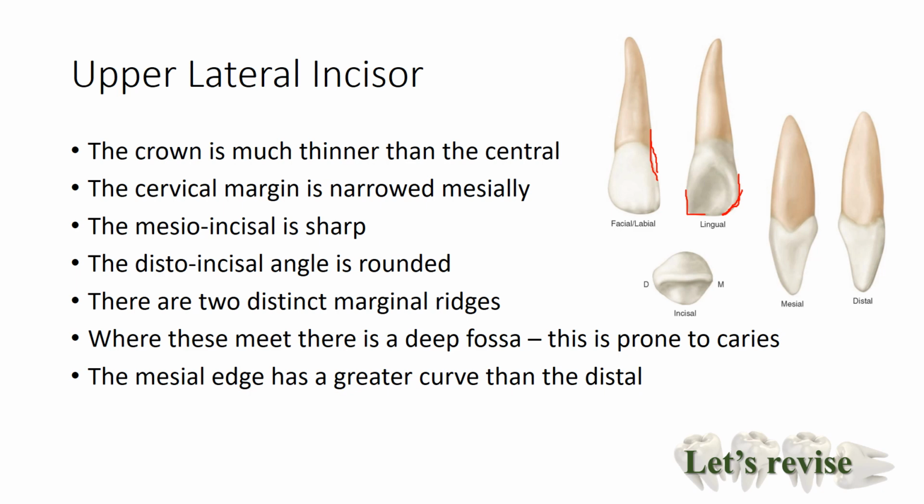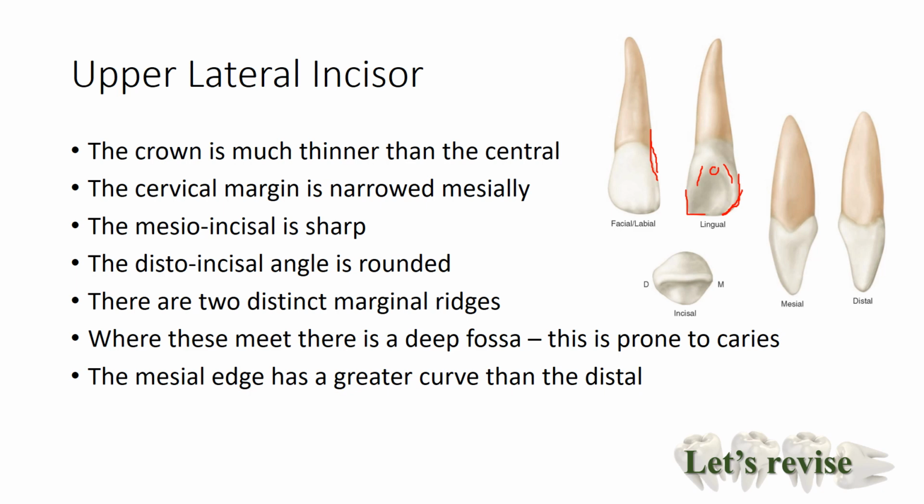But what you're looking for here is 2 distinct marginal ridges. So you've got two ridges here. You can see the shading here on the diagram in the middle. That's because you usually get quite a large deep fossa there, and that's really prone to caries. So you will often find that teeth have been restored here, because where the cingulum is not so pronounced, it's the 2 fossa that are crossing over, and it's where those 2 deep fossa meet in the centre that you get this edge that's prone to caries.